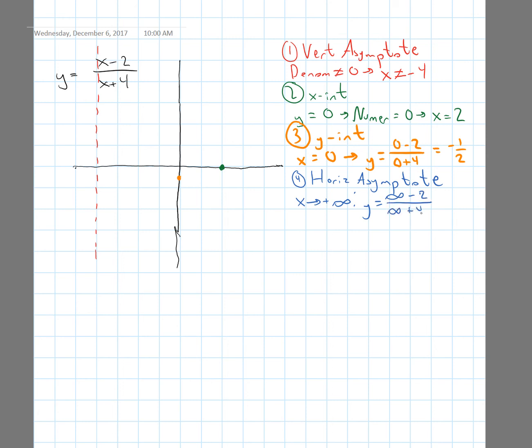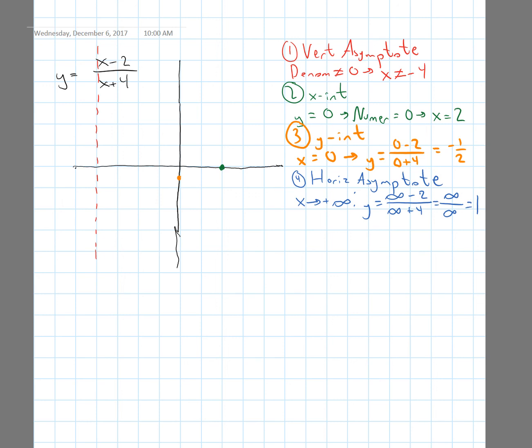Take away 2 from infinity, still infinity, essentially. Add 4 to infinity, it's still infinity. So I'm going to simplify this to infinity over infinity, which equals 1. So when x goes to positive infinity, y equals 1.